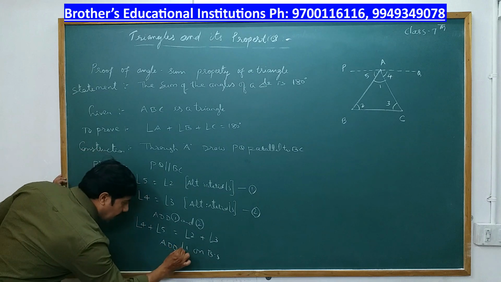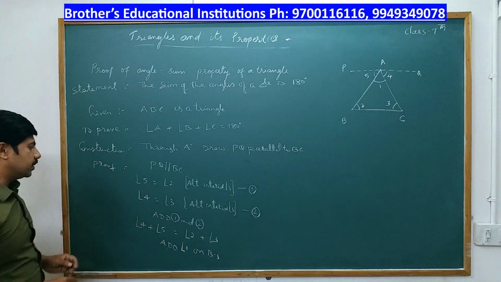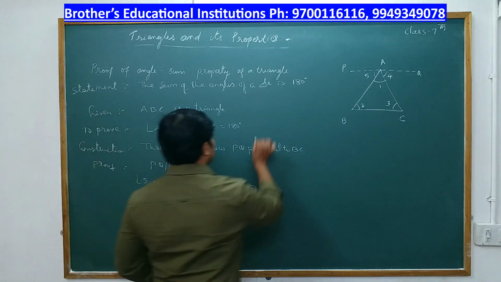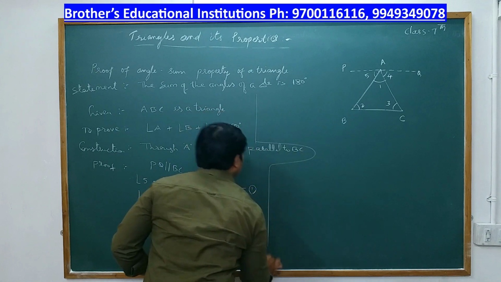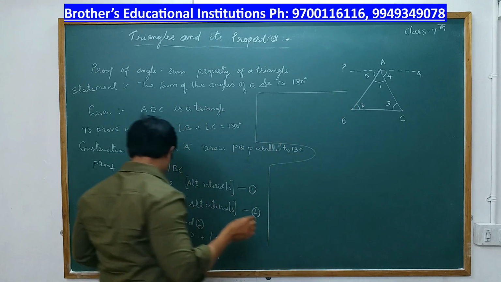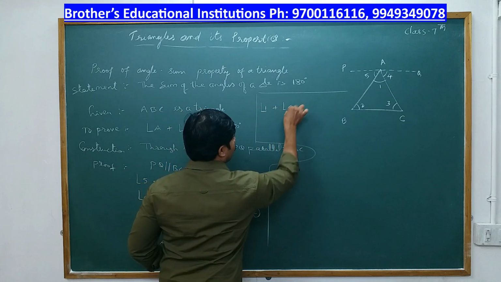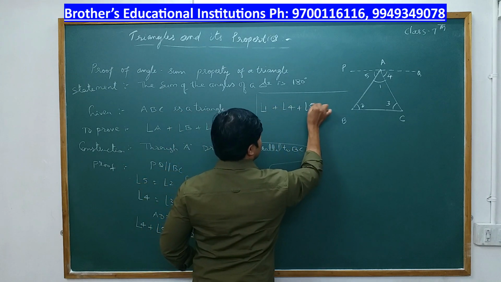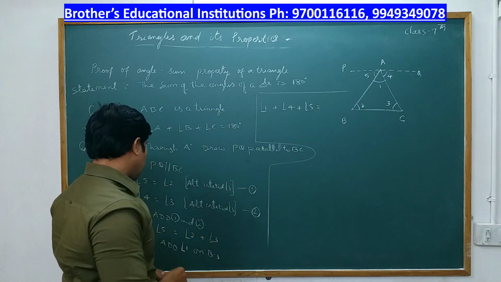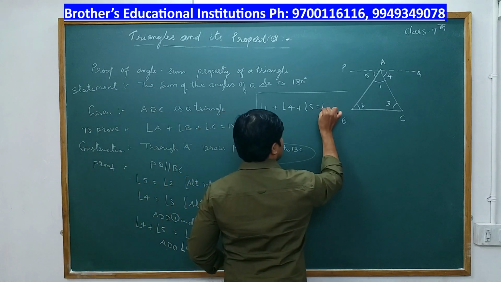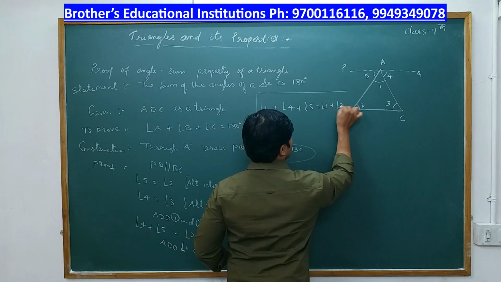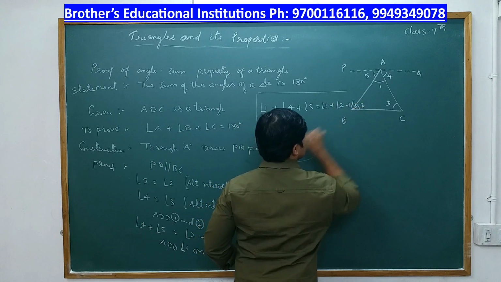If I add angle 1 on both sides, what we get is angle 1 plus angle 4 plus angle 5 is equal to angle 1 plus angle 2 plus angle 3.